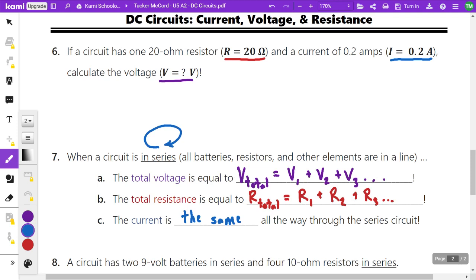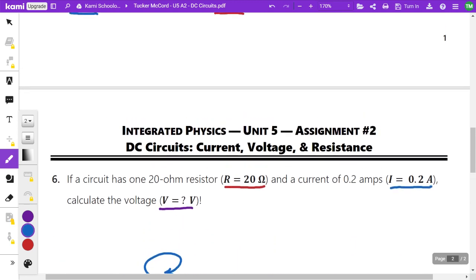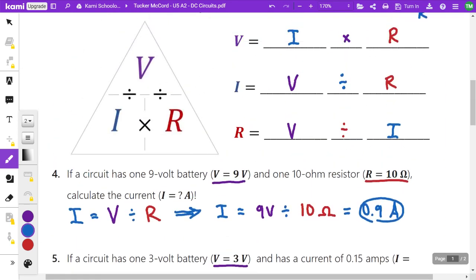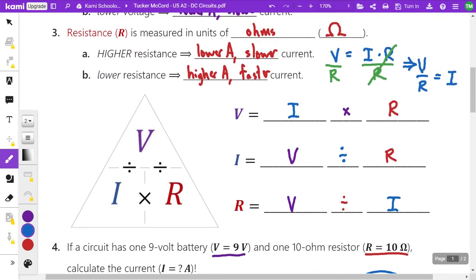Okay? We don't really need to have a total current or anything like that where it adds up for a series circuit. So I'm going to modify these equations a little bit up here to include the fact that these can be totals of multiple things, giving you voltage or resistance.